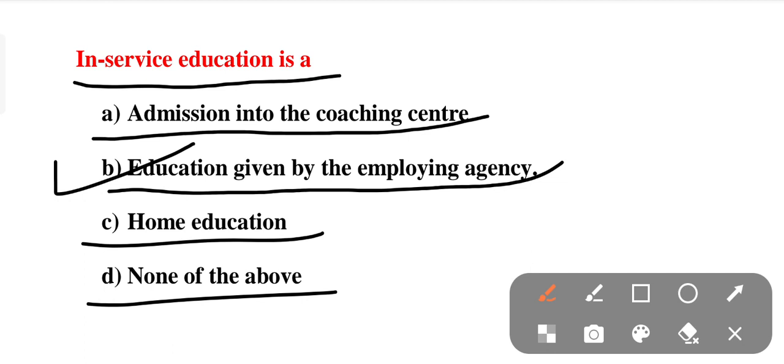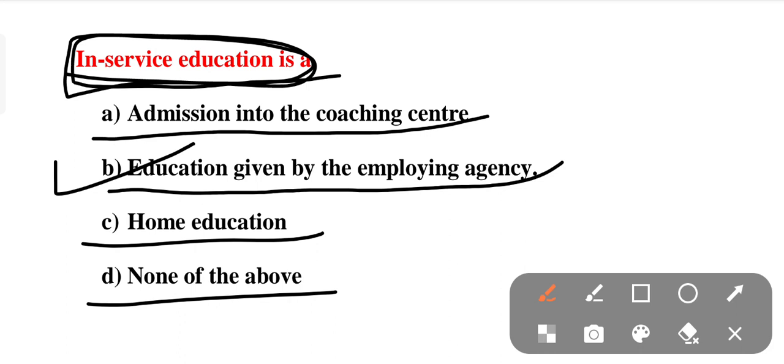For example, we are working in a hospital, and the hospital conducts induction classes. Induction classes are in service education. During your work period you are learning something. It is called in service education: doing our work as well as studying.